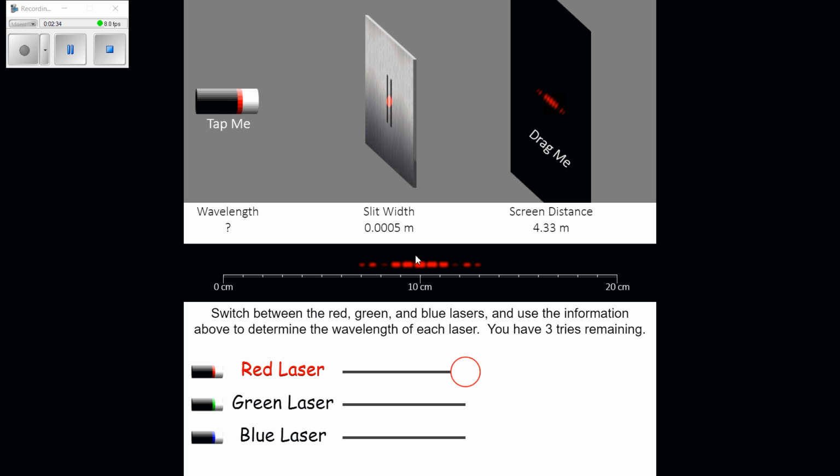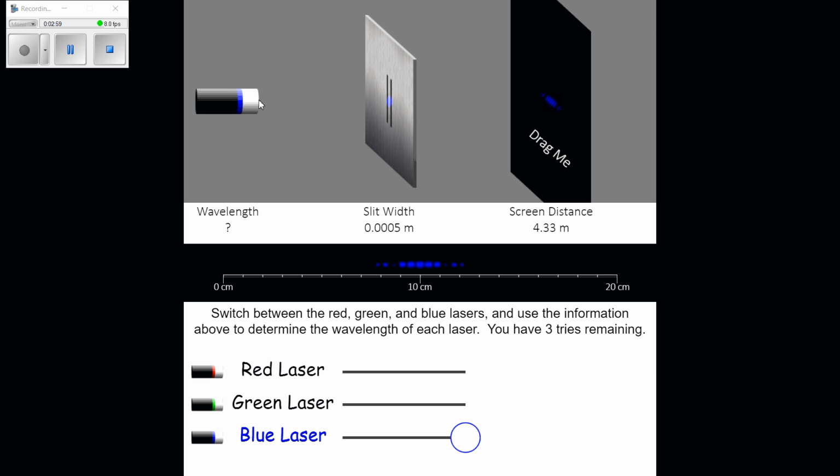When I tap on that, you always measure from the middle of this 0 bright fringe out to the middle of 1, 2, 3, 4. So when you're doing your measurements, you have a scale right here, and you use that scale to do your measurements. You can also change the color of light that you have, red, green, blue, by tapping on this light source.